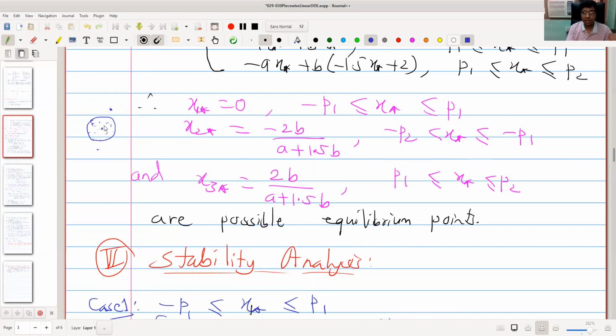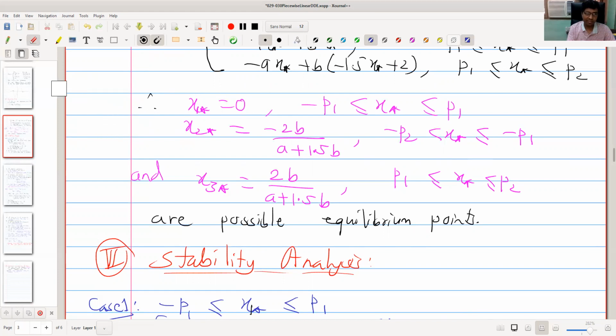What is meant by going away? It need not go to plus or minus infinity. It may converge to some other equilibrium point. That doesn't matter, but it should not tend to this equilibrium point. So this you have to verify.